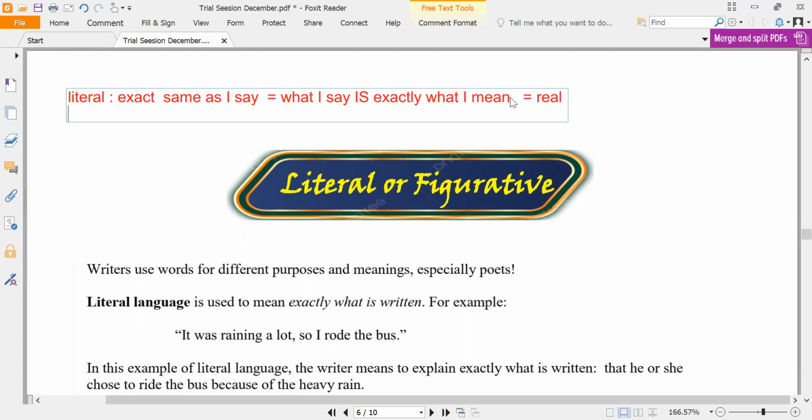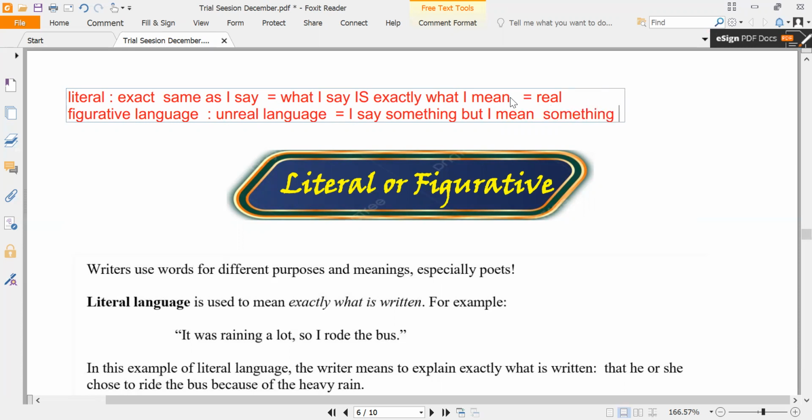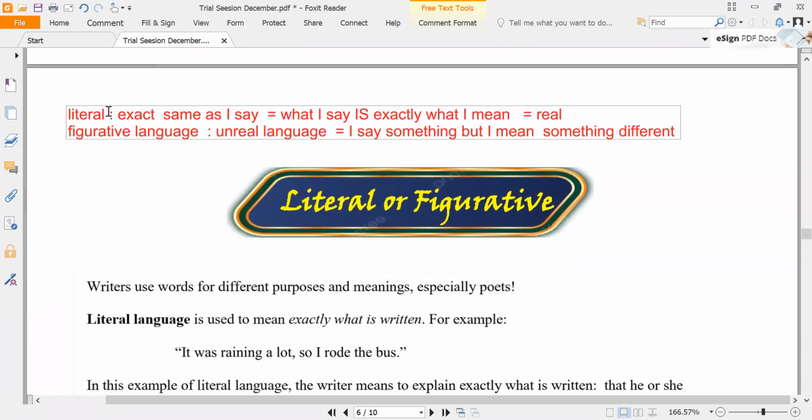Figurative language is unreal language. It means I say something, but I mean something different. This is the difference between literal language and figurative language.